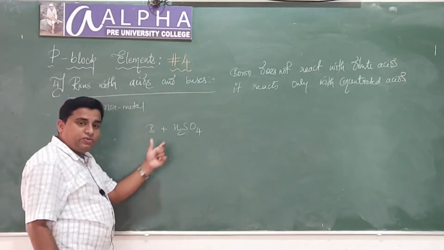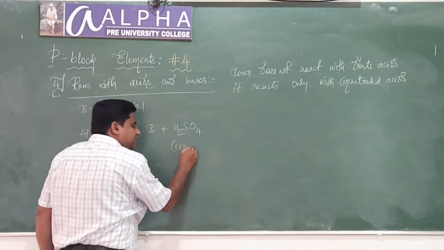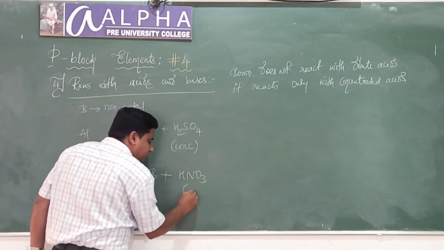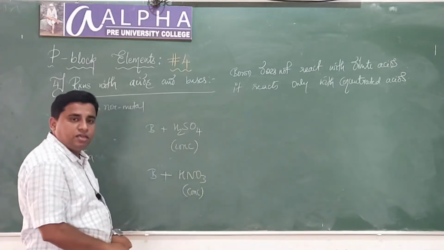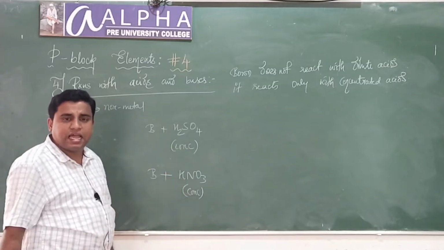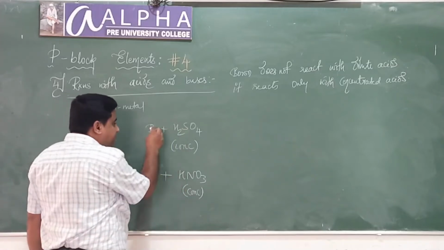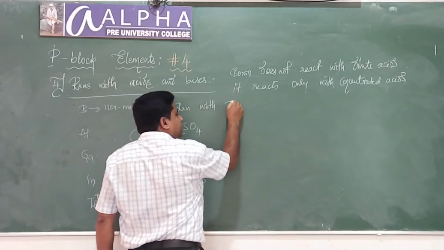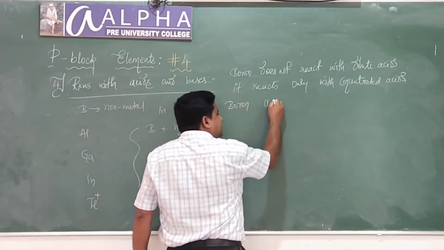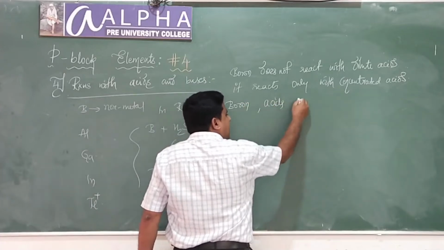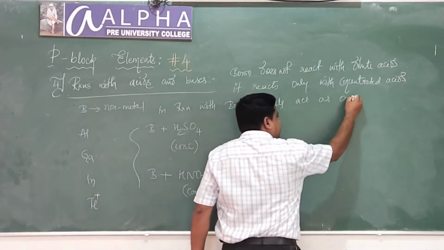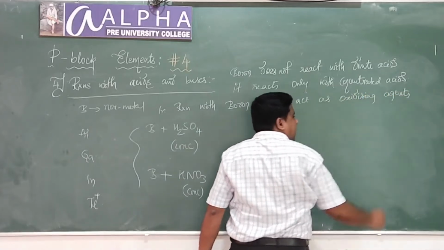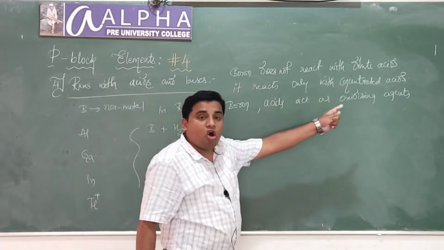Now, what happens when boron is treated with concentrated sulfuric acid, and what happens when boron is treated with concentrated nitric acid? Look here, in this case these acids do not act as acids. In reaction with boron, acids act as oxidizing agents. Act as what? Oxidizing agents. They do not behave as acids, but they behave as what? Oxidizing agents.